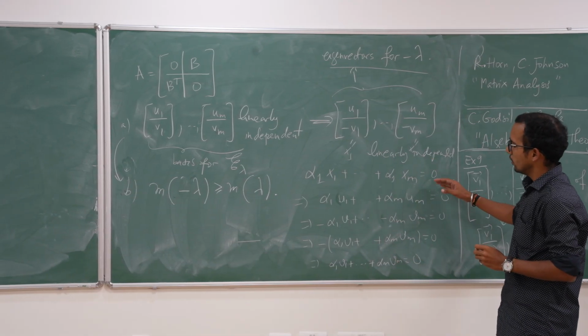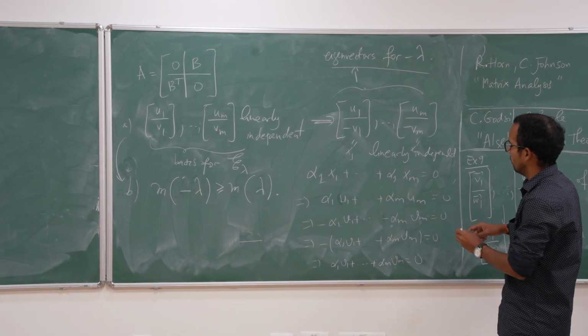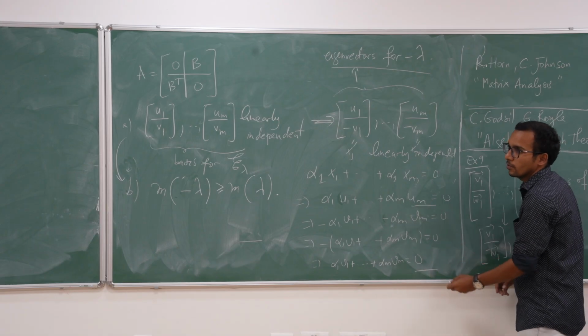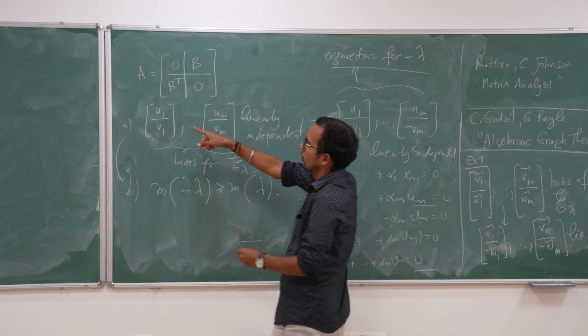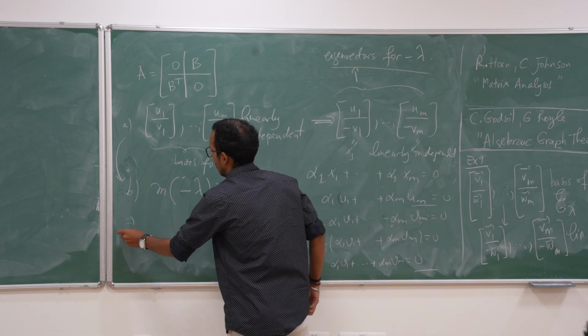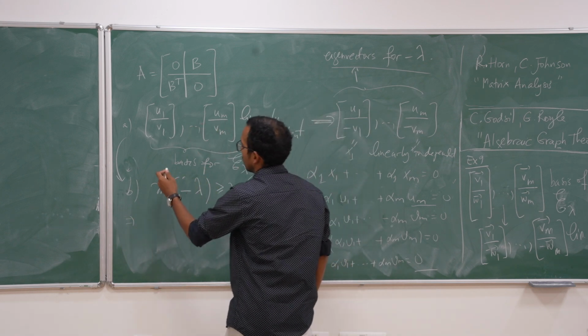So if it is LD, then at least one of them must be LD. This one or that one. Okay. So if any one of them is LD.